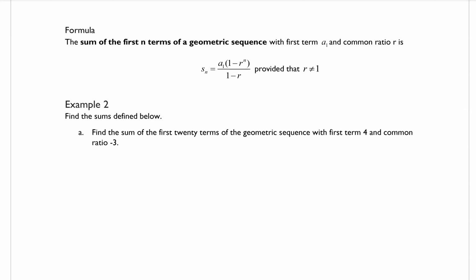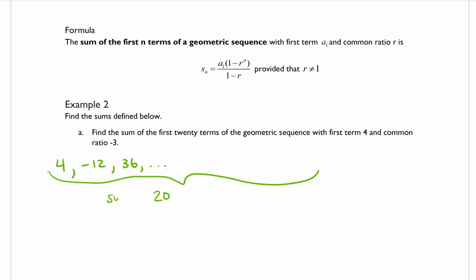The first term would be 4, and then the next term would be 4 times -3, so that'd be -12, and then if we multiplied that by -3 again, we would get 36, and that pattern would continue. Our goal is to find the sum of the first 20 terms of this sequence.